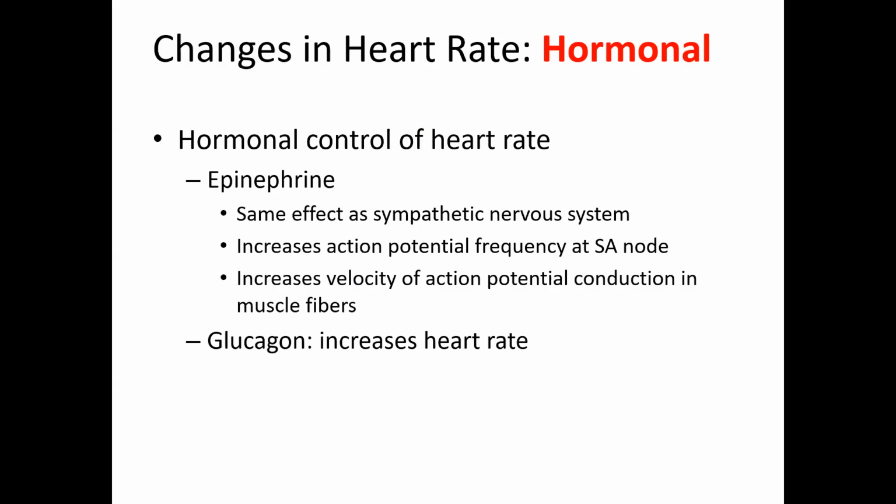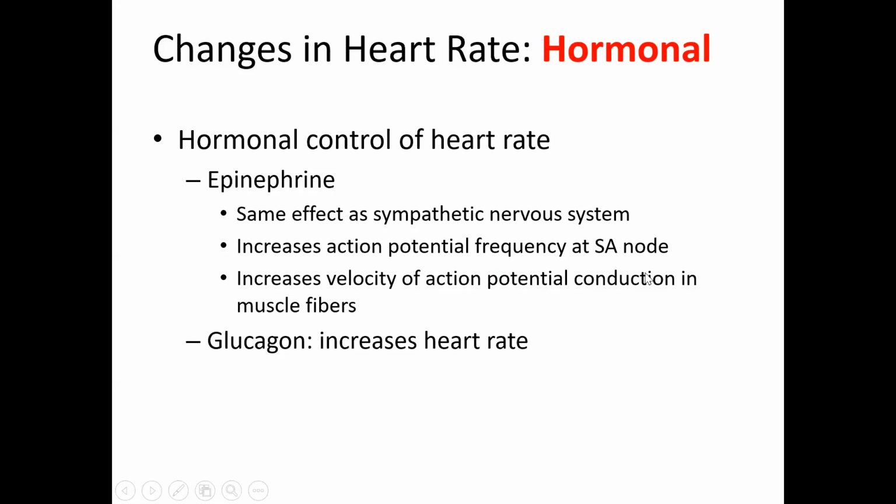Let's talk about some of the hormonal controls. So when we speak about hormones, epinephrine is the main one, and it's going to have the exact same effects as the sympathetic nervous system. Remember, epinephrine can either be in the form of a neurotransmitter that is binding, or it can be a hormone that's coming from the medulla. So it's going to have the exact same effect as what we just described in the sympathetic nervous system.